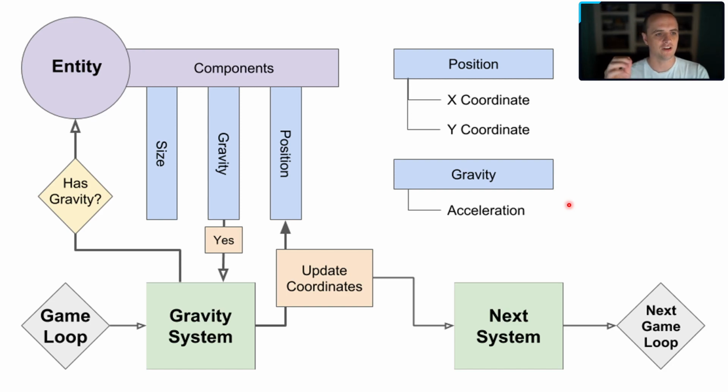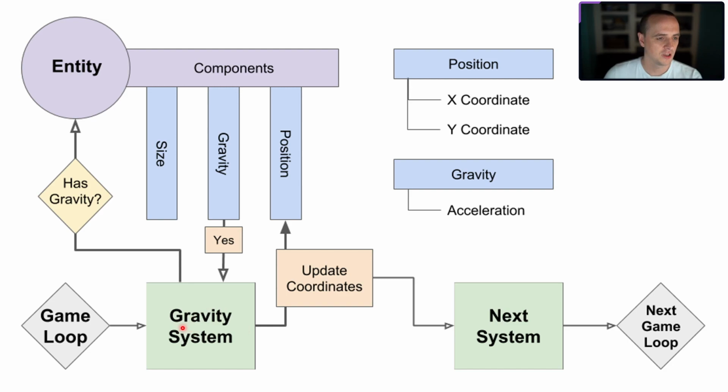So here's what we end up having at this point. We have entities, and entities are going to store some number of components. Here, for example, we have size, gravity, and position. Then, in our main game loop, we're going to have a number of systems. Maybe you have a gravity system, a movement system, an input system, a rendering system.